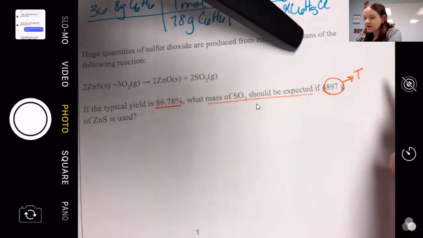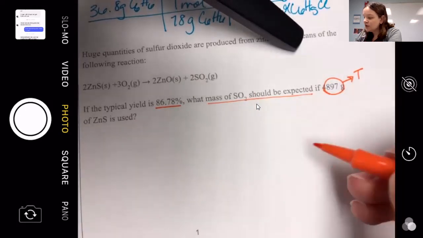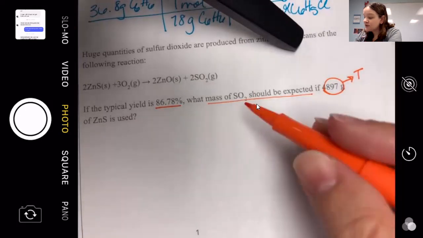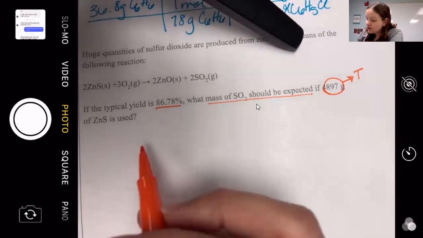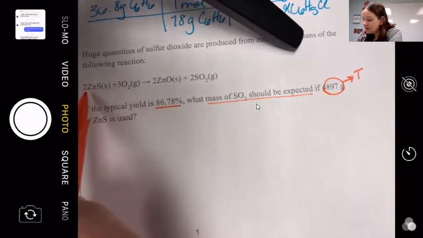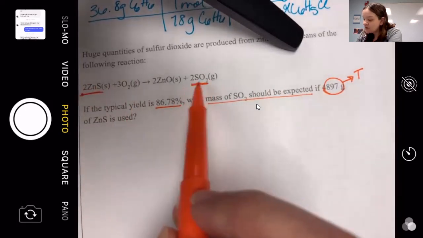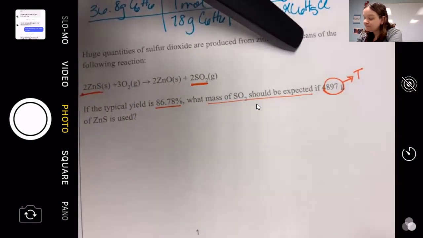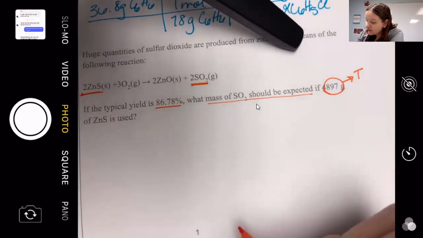So don't be surprised if in every one of your percent yield problems, you have to calculate the theoretical yield. So we are starting with, in this case, the zinc sulfide, and we are figuring out the sulfur dioxide. So first step is find the theoretical yield.